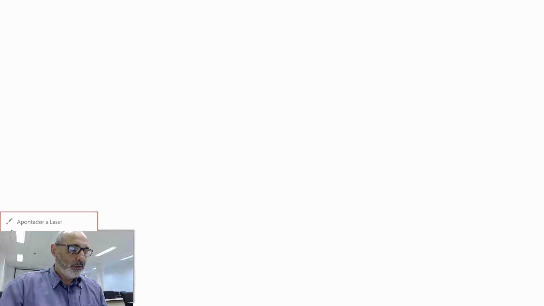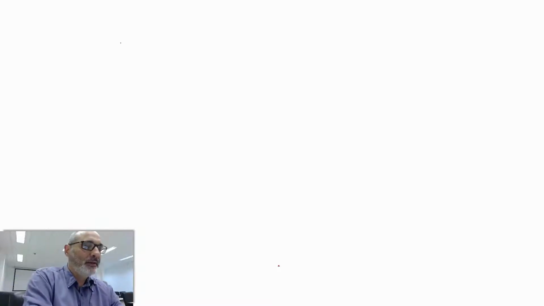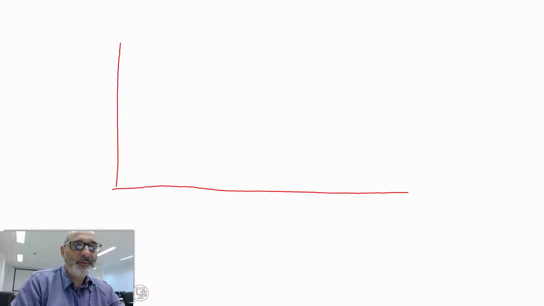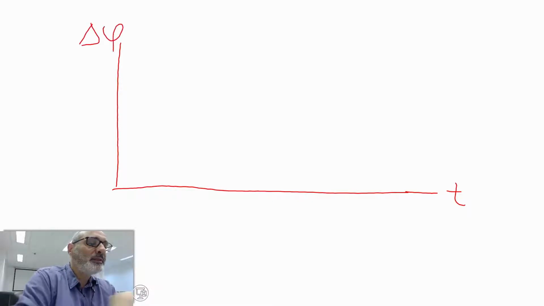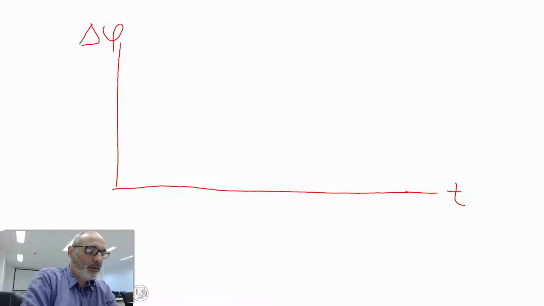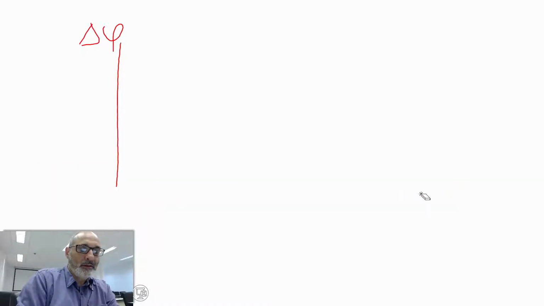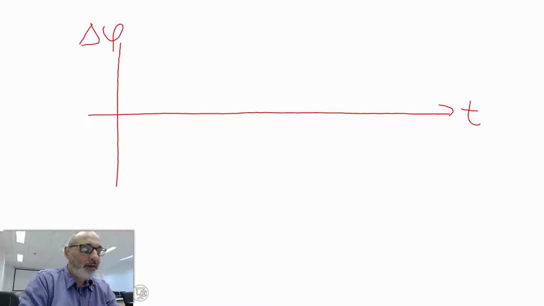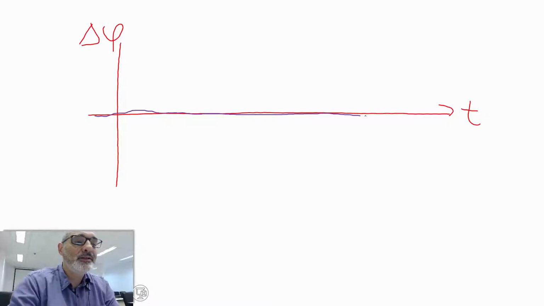As I was saying, suppose that here we have time, and here is the difference in terms of alignment, delta phi. Delta phi is the alignment of the windmill compared with the wind direction. So if you have perfect alignment all the time, it's going to be like this signal here.